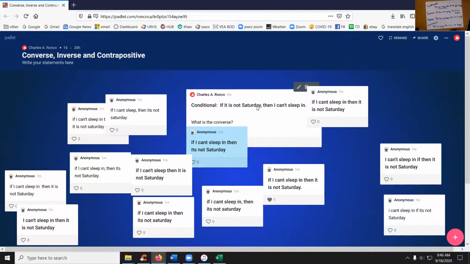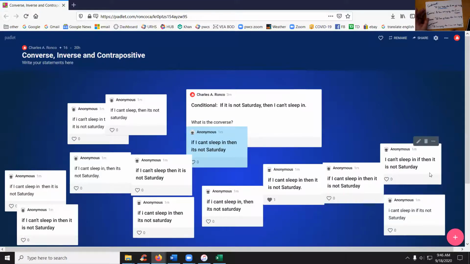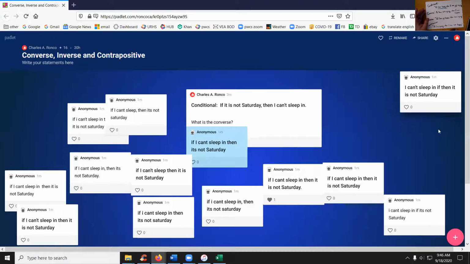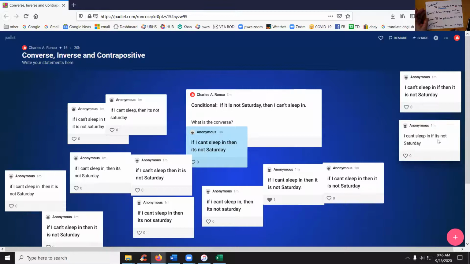If we don't keep the if in the front, then we aren't making the converse or the inverse or the contrapositive. So these two people, this up here and this right here, they need to go back and change those real fast.